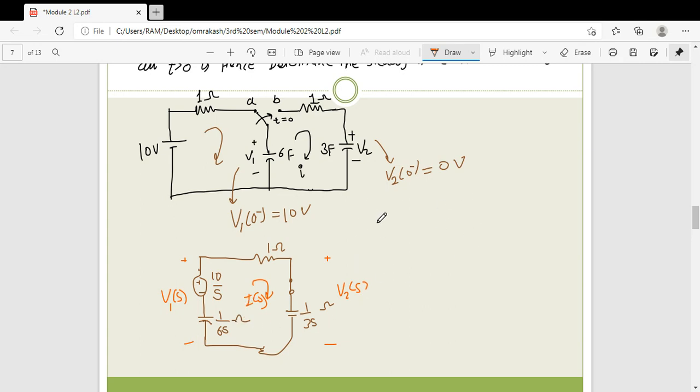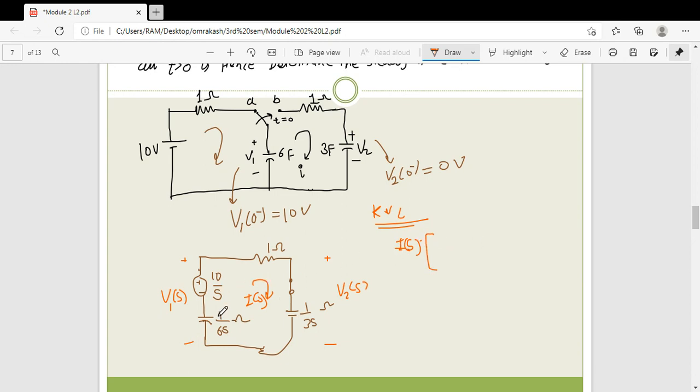Now apply KVL here, KVL to this loop. The similar question will be found in your MS course. Okay. So I of s, what is the value of I of s here? You need to find out this I of s by applying KVL.